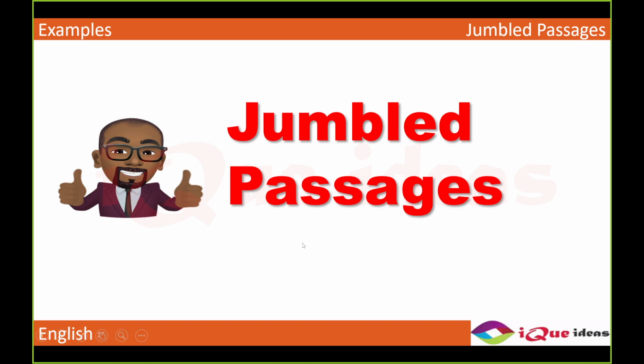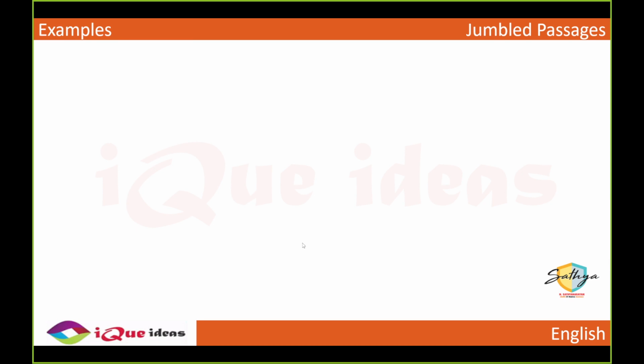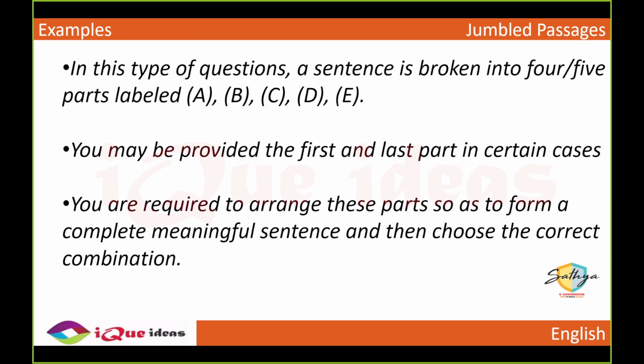So jumbled passages has a very simple funda. In these type of questions, you are given a paragraph containing four or five sentences, or a single sentence broken into four or five parts, and each part is labeled A, B, C, D, E, or P, Q, R, S, and so on. In some cases, you may be given the first and the last line.